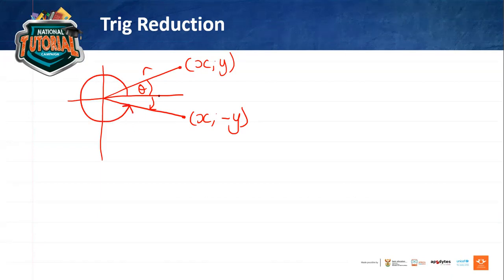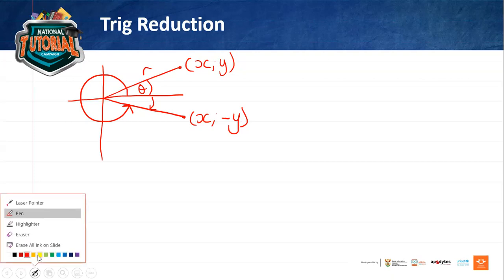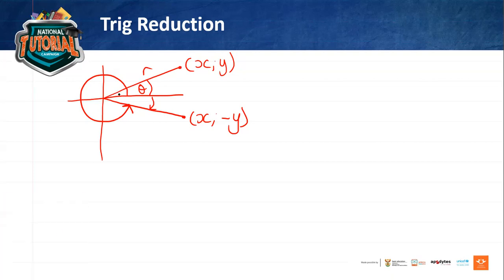Or you could think of this angle as 360 degrees minus theta. 360 degrees would be going the whole way around, all the way up there, and then taking away theta. So we're dealing with 360 degrees minus theta when we are in quadrant 4 of our Cartesian plane.